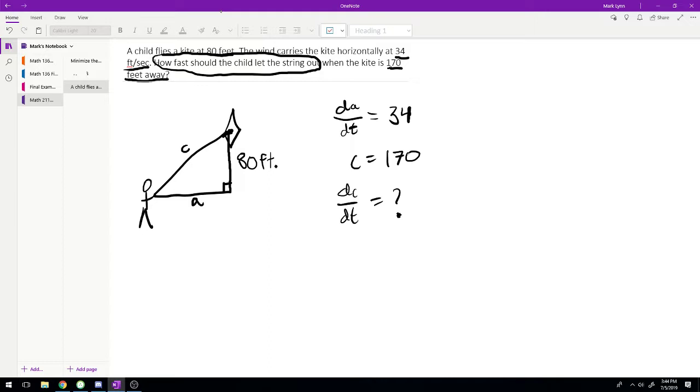Let's start by expressing all of our values in terms of an equation. The easiest equation we can think of with a triangle is the Pythagorean theorem. So a squared plus 80 squared equals c squared. Unlike in optimization problems, we don't have to solve for a or c.